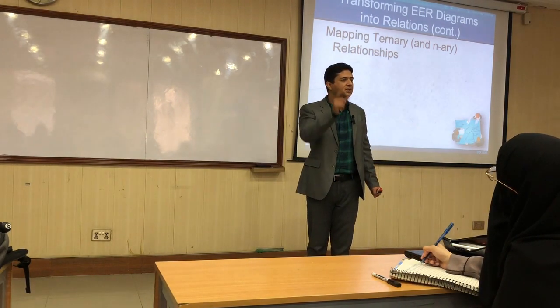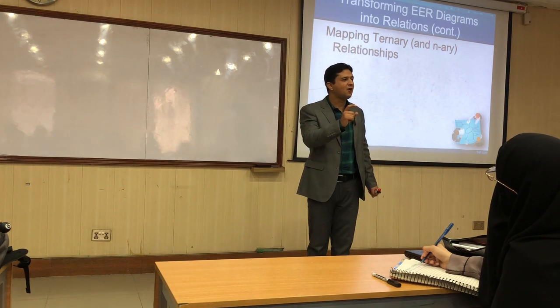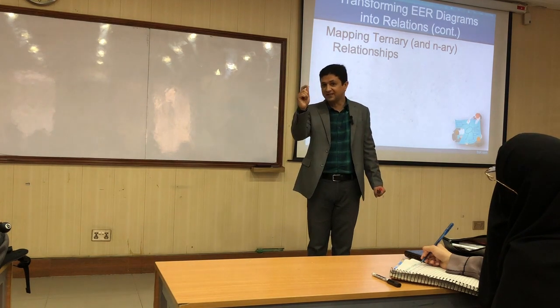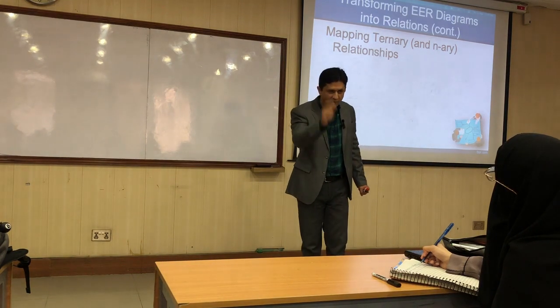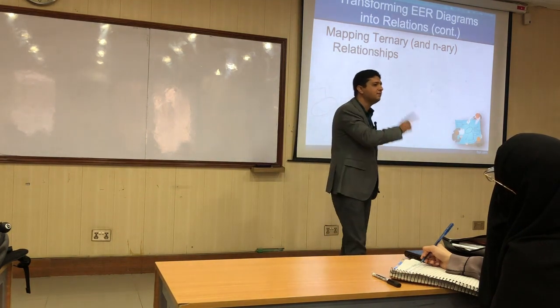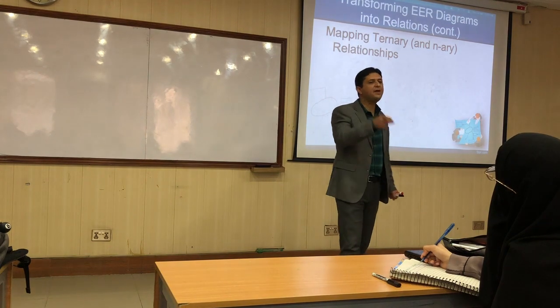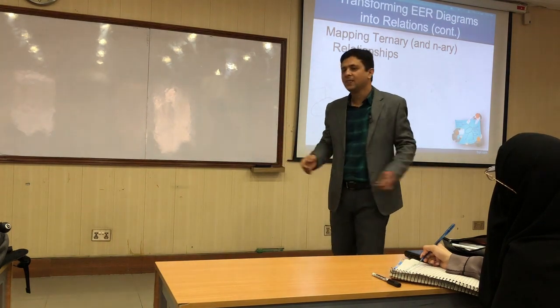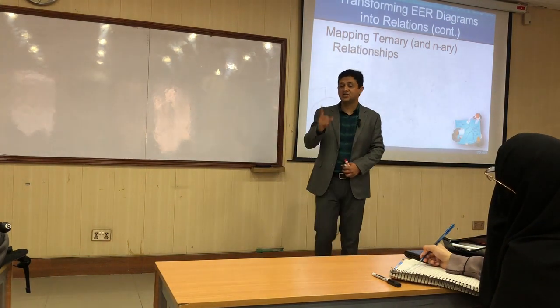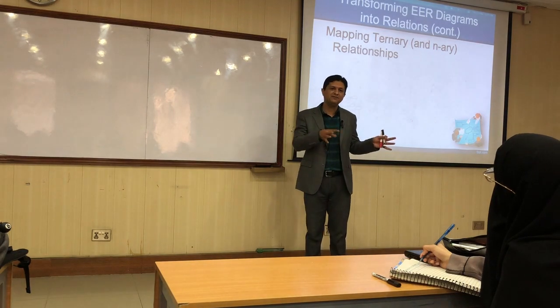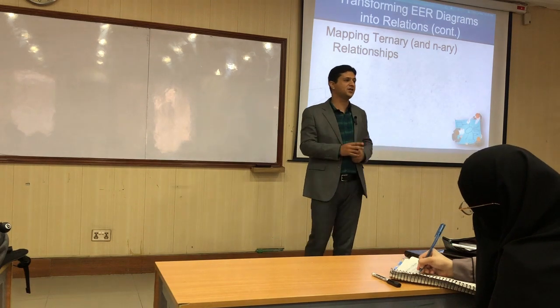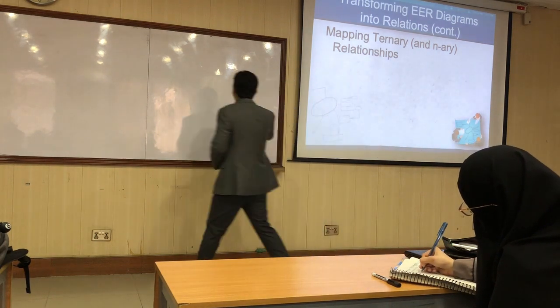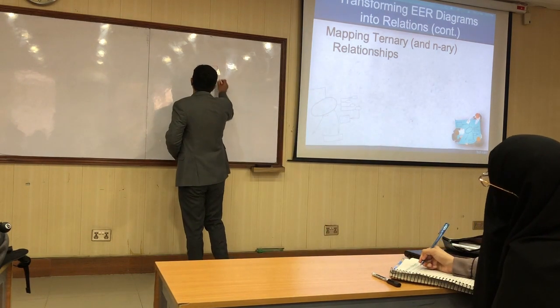The primary key of the one side goes as a foreign key to the many side. So the same rule applies over here. If the relationship is already converted into an associative entity, now we have 3 new relationships. Let's try to understand this with the help of an example.